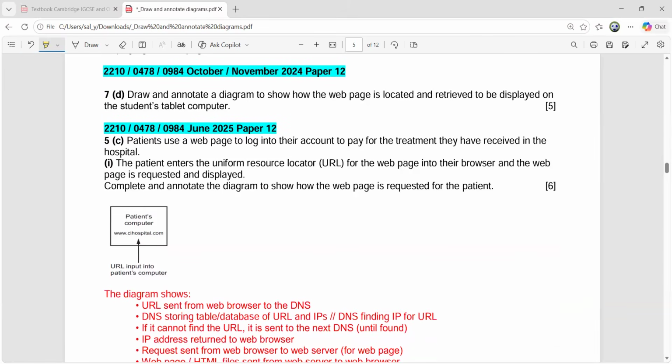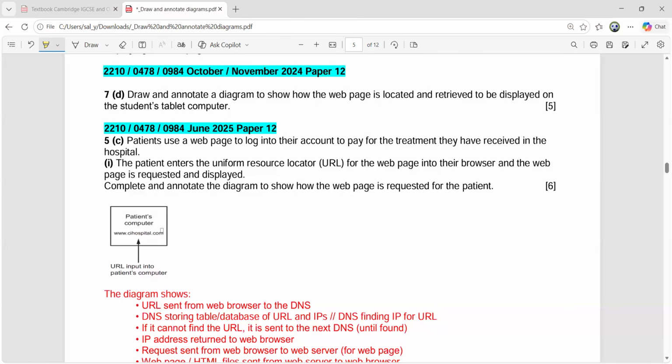Here we can see that only the patient's computer is included, with an example such as cihospital.com as the URL input into the patient's computer. So this is given to you. Chabade, what strikes your mind? What should be included here in order to retrieve and show the web page on the user's computer? Can you recall?